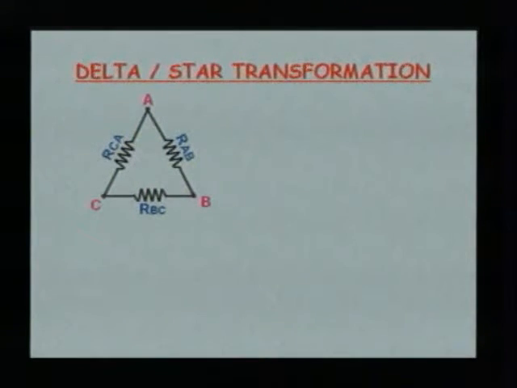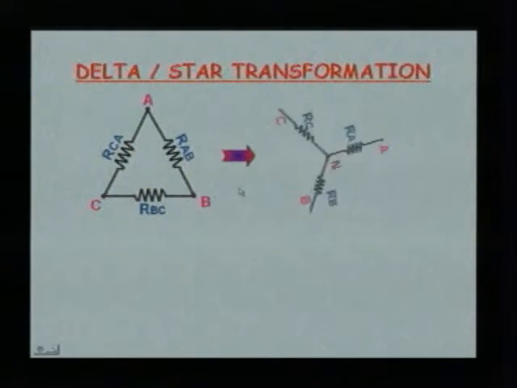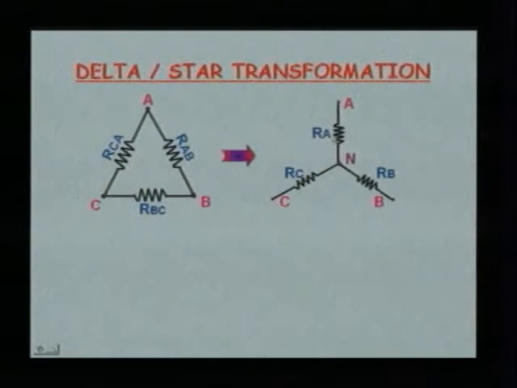If we have got a delta network with the terminals A, B and C, resistances being RAB, RBC and RCA, if you want this to be converted into an equivalent star network comprising of RA, RB and RC, then we have to follow a condition.